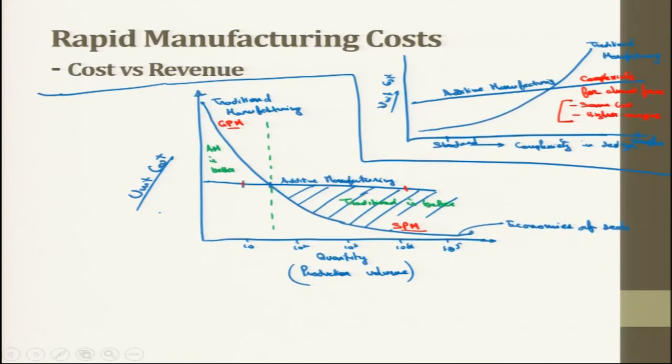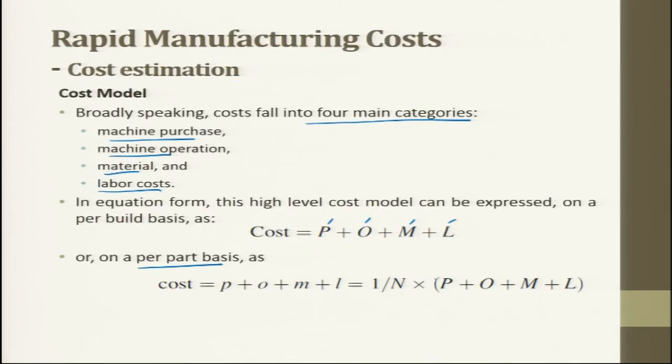This per unit cost is calculated by dividing the total cost by the number of parts, n. So this is P by n, O by n, M by n, and L by n, the capital letters divided by the number of parts.